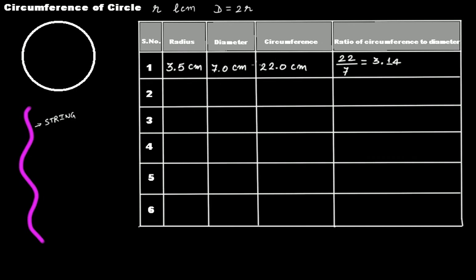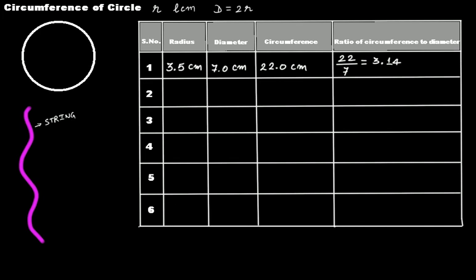So in this particular case, the ratio comes as 22, that's the circumference, divided by this 7, that is the diameter. And if you simplify it, it comes as 3.14.